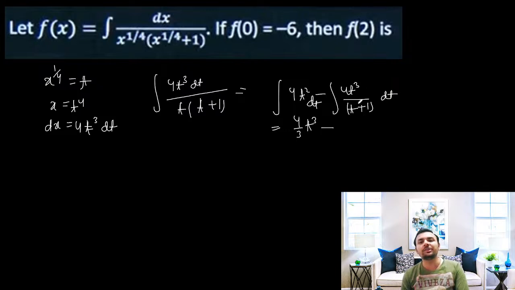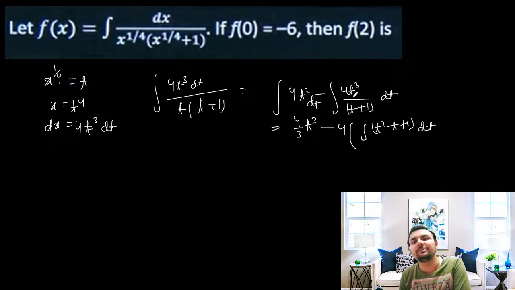Now how do we work on this type of thing? If we have minus and then plus, or plus and then minus, so 4 is here, we'll do plus 1 and minus 1, so we'll get t plus 1 into t square minus t plus 1 dt.